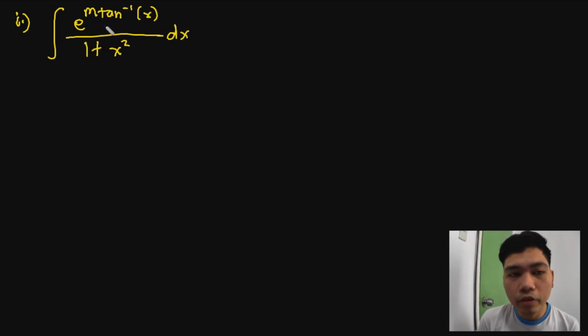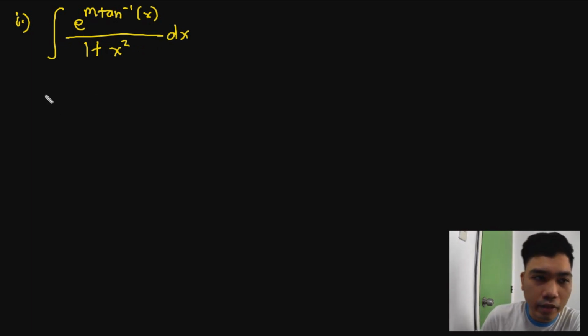Now, if you look at our integrand, you would say that this is not a fitting integrand nor pattern recognition because you can't see an exact fitting integrand for this or any rule that will satisfy this expression. But if you look closely at this tangent inverse of x, if you differentiate that, you'll be able to get this 1 plus x squared dx.